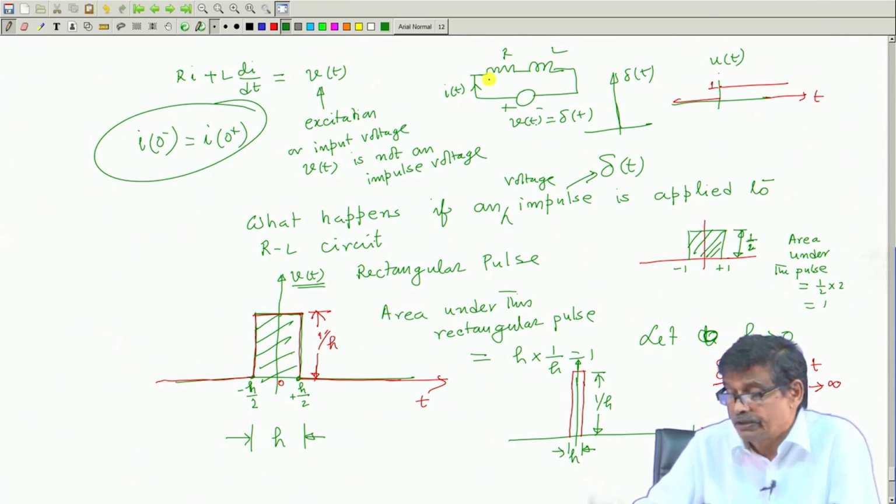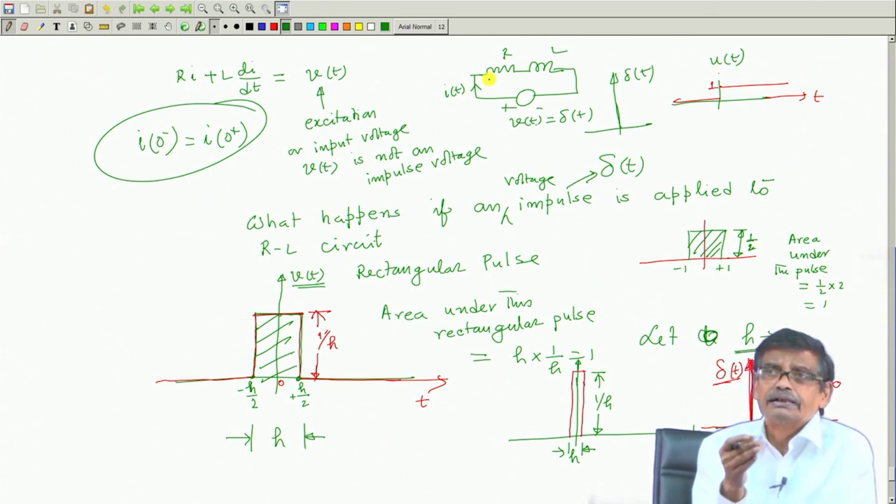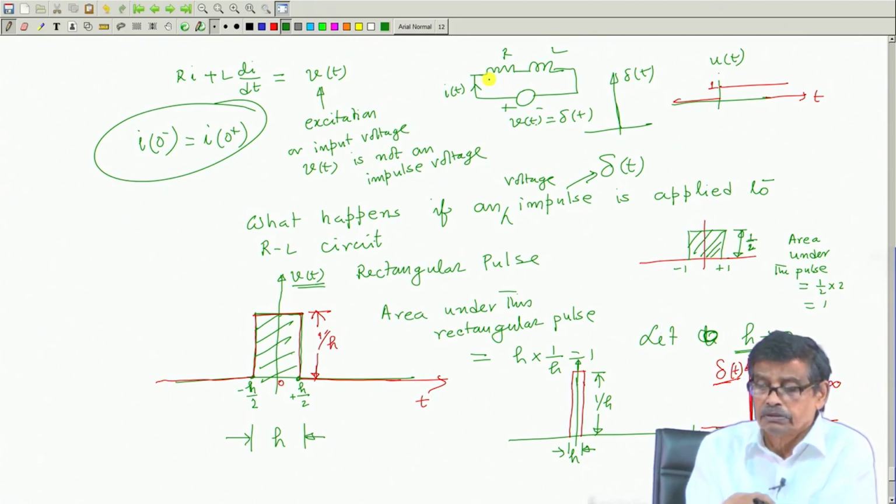This is somewhat newer, because earlier whatever I told you was developing the common, basic ground, based on which we can now talk about advanced topics like this. So, if an impulse voltage is applied to a given circuit, what will be the response, how to find out the currents, this is the topic of discussion.